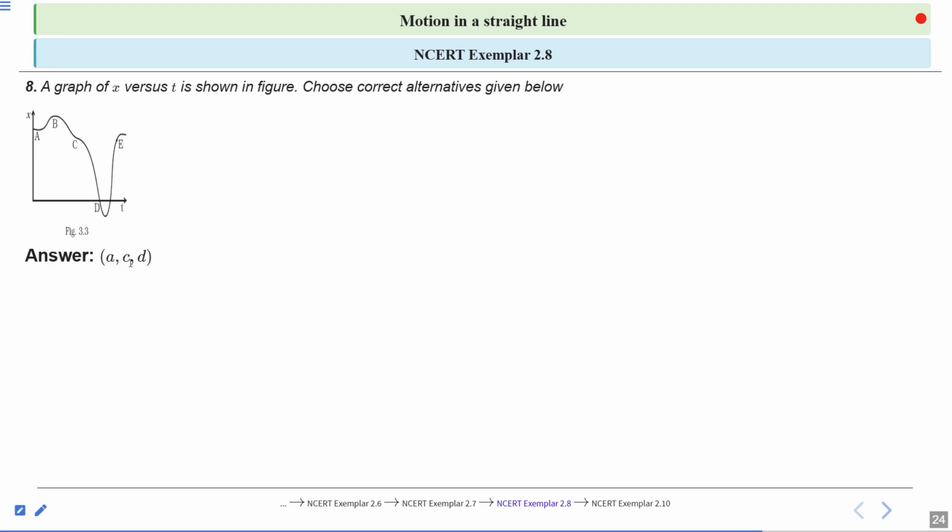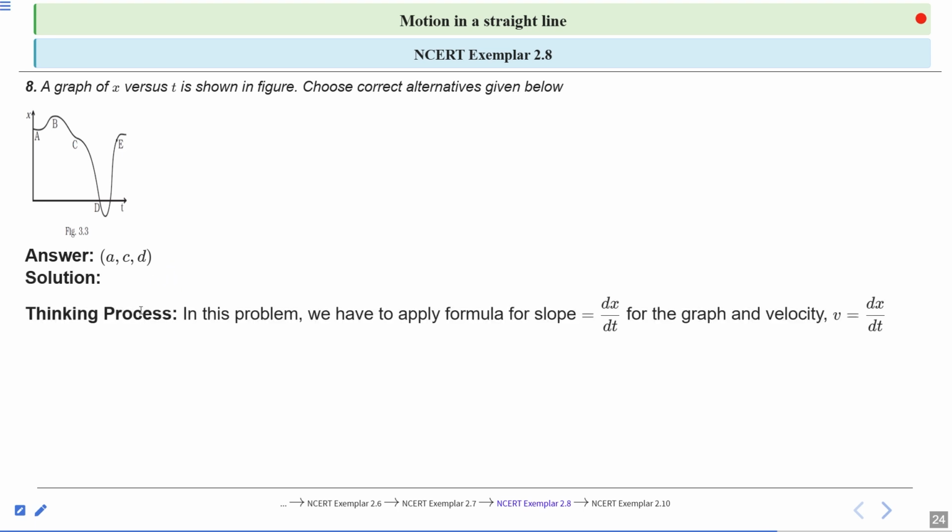So the correct answer is A, C, D. Solution. Thinking process. In this problem, we have to apply the formula for slope, and that is dx upon dt. For the graph and for the velocity, v is equal to dx upon dt.